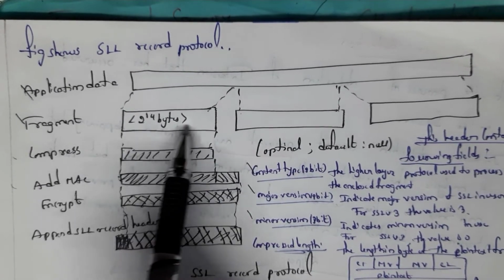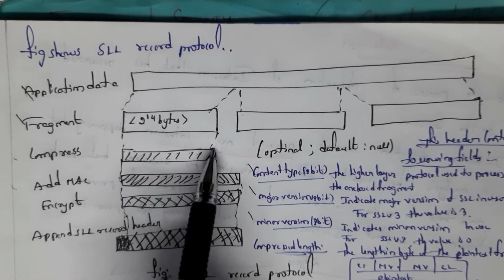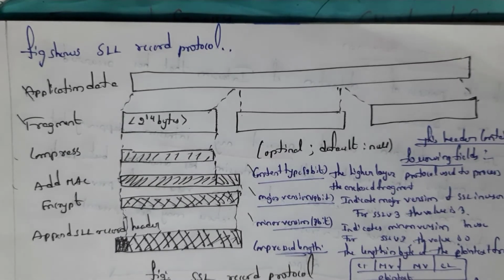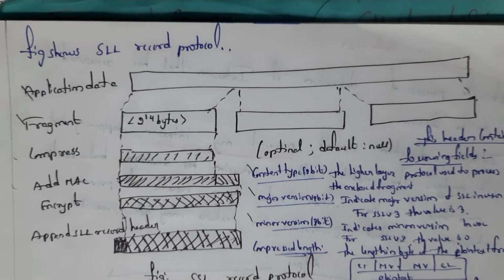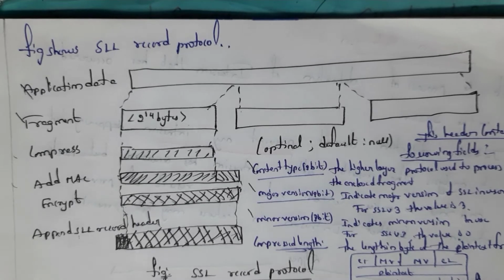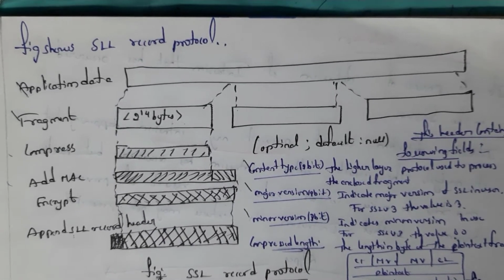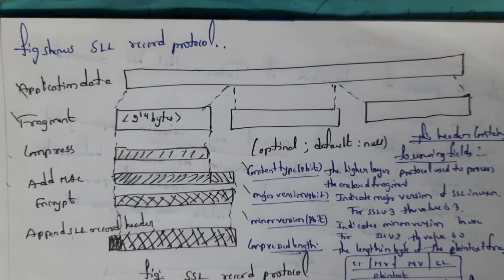After fragmenting the message, it is going to get compressed. We need to compress this message and then we need to add a MAC value to this message, and then we need to encrypt the message, and at last it contains the Secure Socket Layer record header. This is the structure of Secure Socket Layer record protocol.